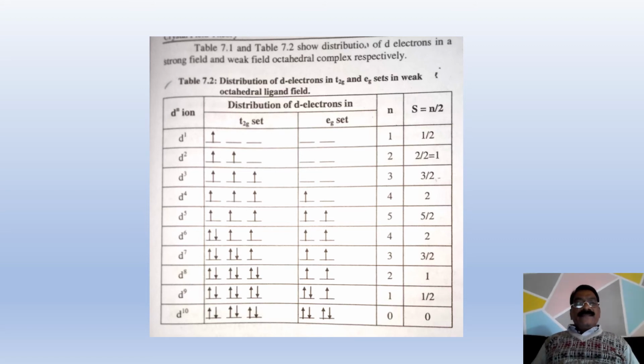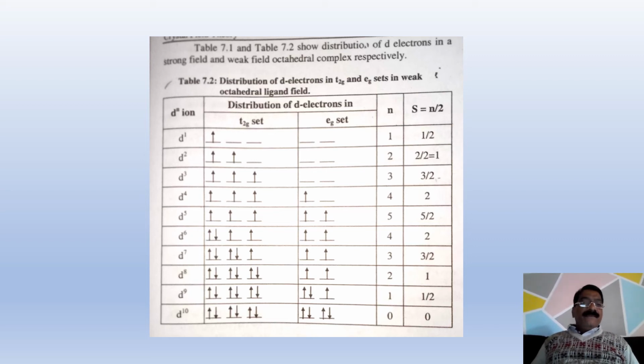And in the d6 system in weak field it gets paired into the t2g orbitals. In the d7 system the next electron enters the t2g and gets paired. In the d8 system again it gets paired. In the d9 system, again it enters the eg orbitals and gets paired. And in the d10 system again it enters the eg set and gets paired. For the d10 system there is no unpaired electron.